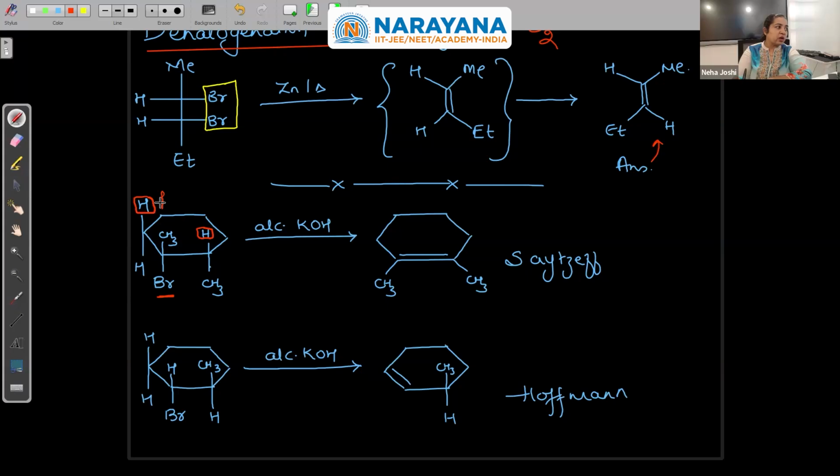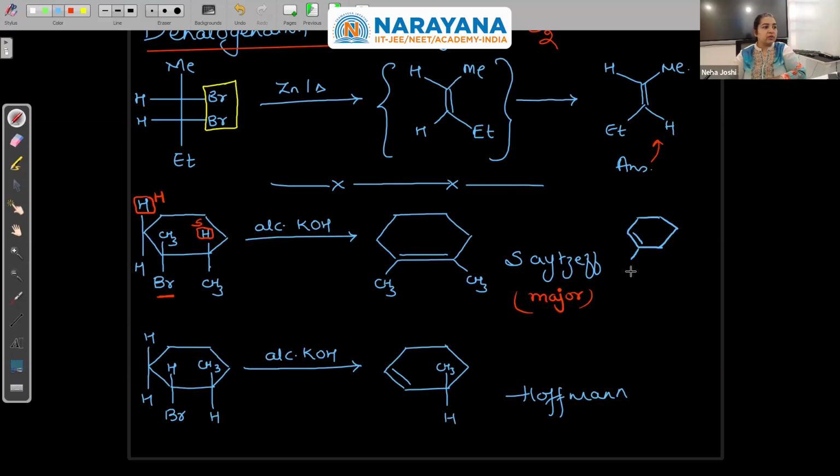This is giving me Hofmann product, right? This is giving me Saytzeff product, but I have anti-hydrogen for both. So I'll remove this H and we'll have Saytzeff as certainly major, we are talking, not the sole product. There will be some Hofmann which will be minor. Okay. There will be certainly some Hofmann products.